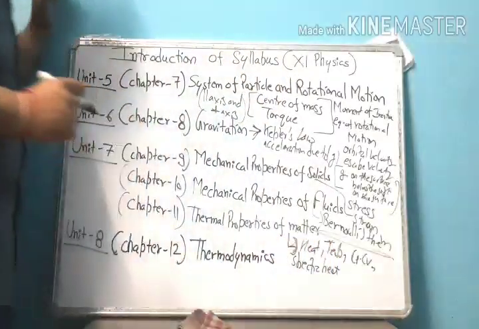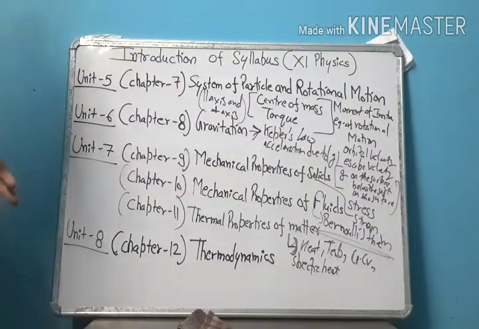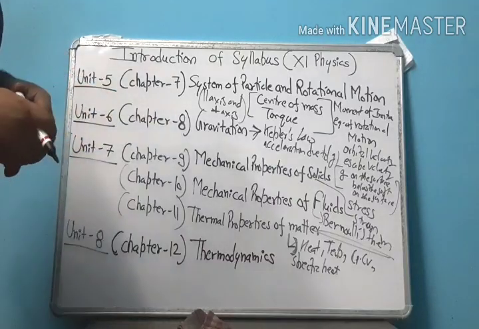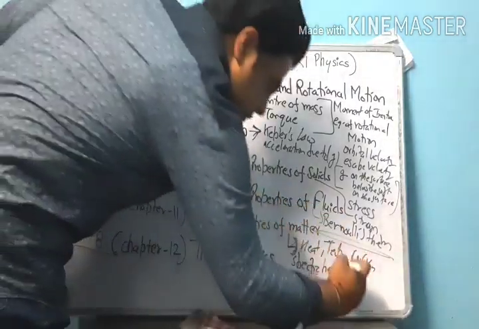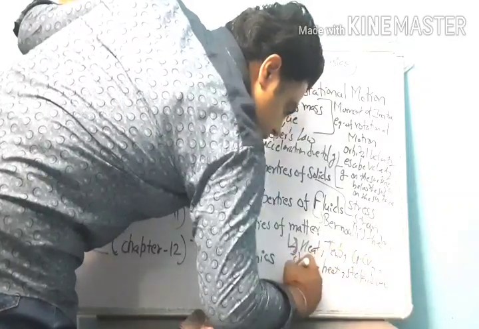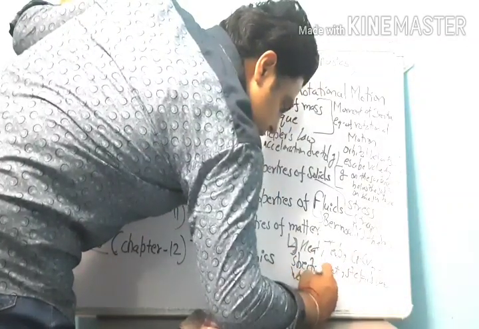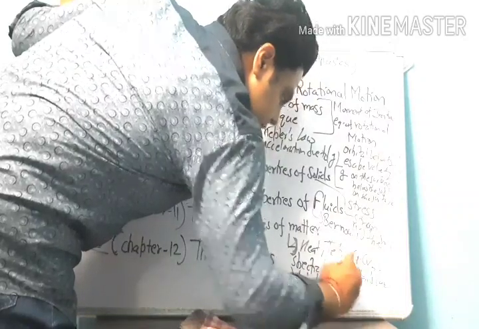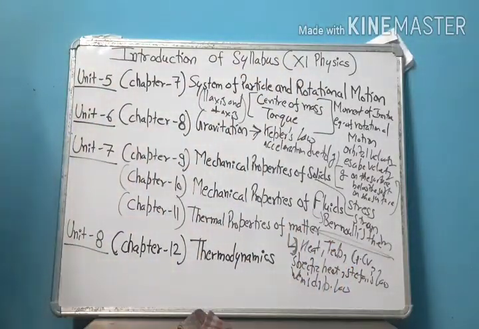Now, what are the modes of transfer of heat? That is conduction, convection, and radiation. And again, the most important topics are Stefan's law and Wien's displacement law. These are the main topics of this chapter.